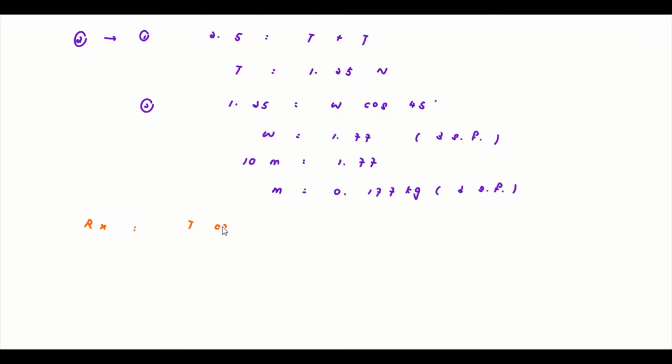So t cos 45 plus t cos 45 will be equal to 2.5 cos 45. Alright, so from here I can just straight away get 2t cos 45, then you just solve it. So you'll be able to get the answer straight away, and you get the same answer as well, as you resolve it horizontally.